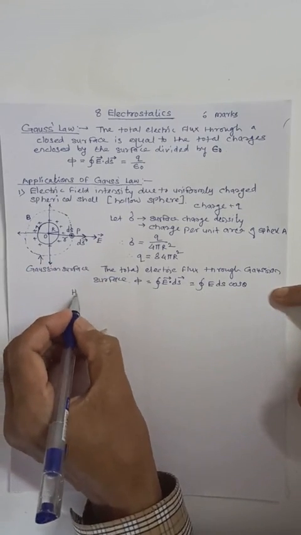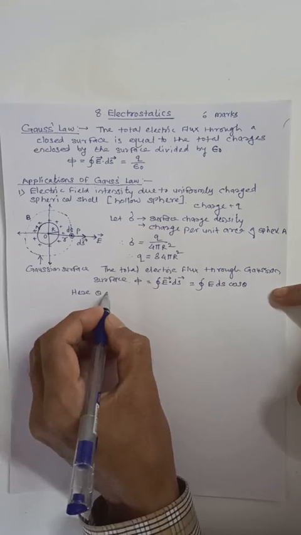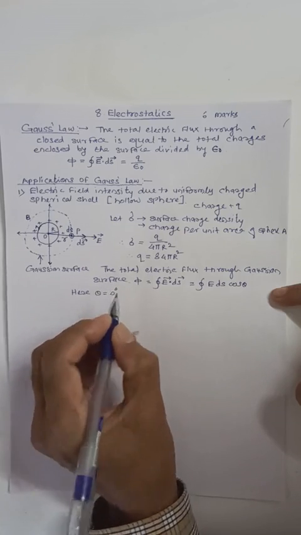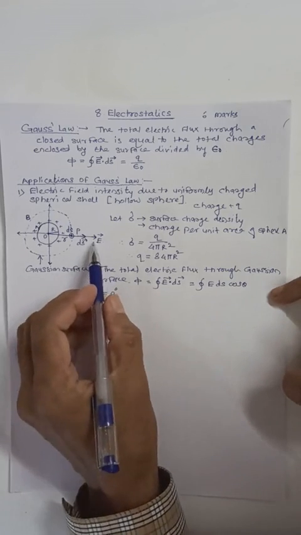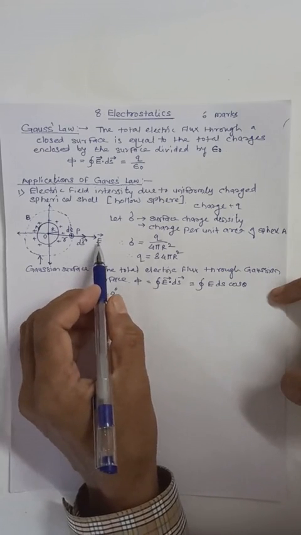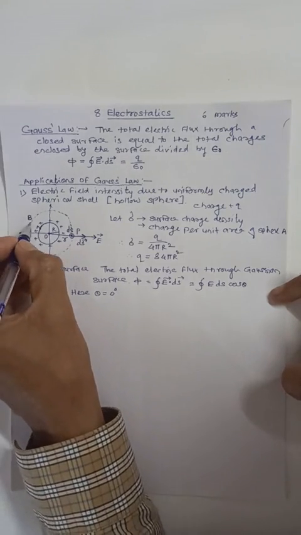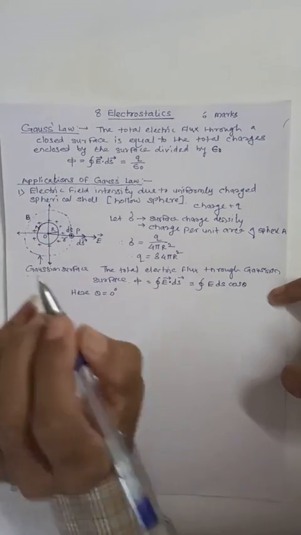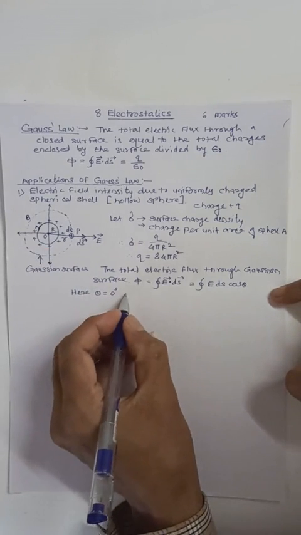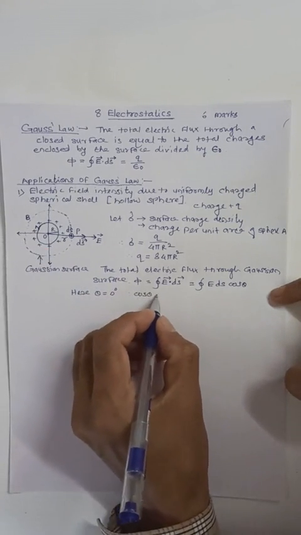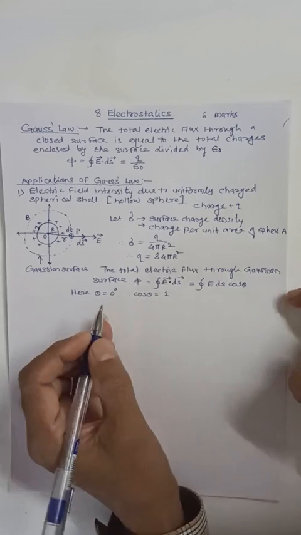Here theta is equal to 0 degree because E and ds both are directed along the same direction at every point on the Gaussian surface, and therefore cos theta is equal to 1.